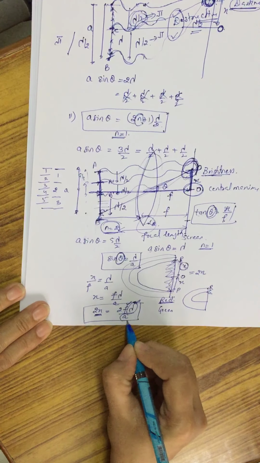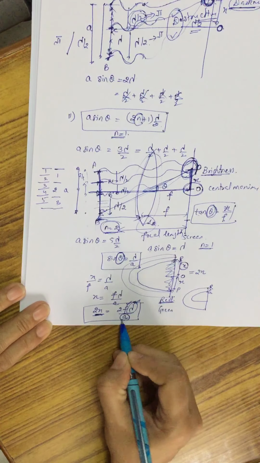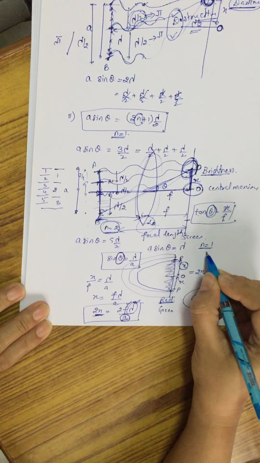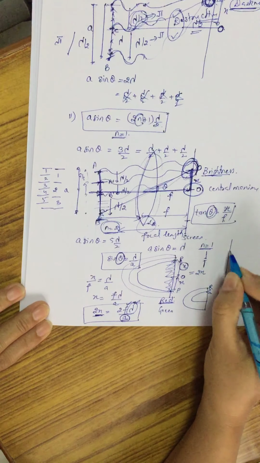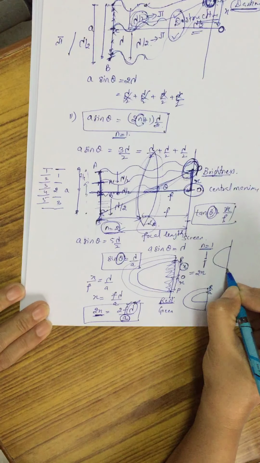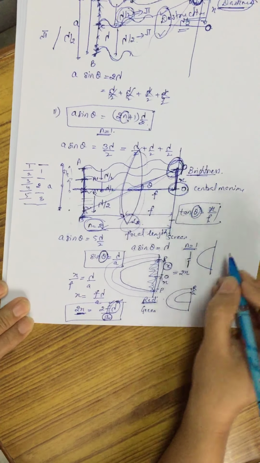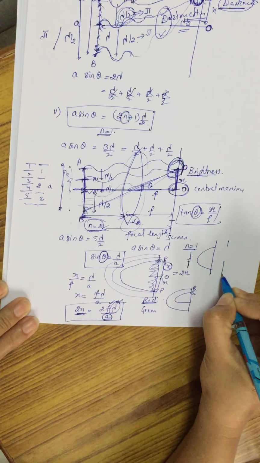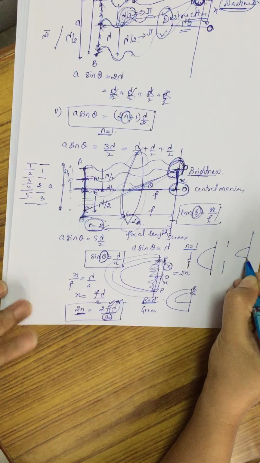The last factor which affects the width of the central maxima is the width of the slit. If the width of the slit is narrow, then we will obtain a large width central maxima. But if the width of the slit is large, then we will obtain a narrow central maxima.